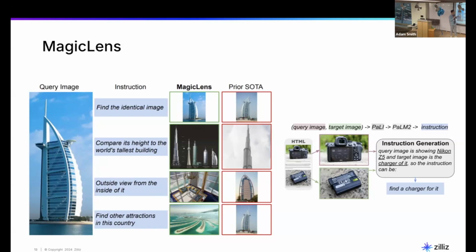And if you say, I want to see the inside of it, or looking from the inside of this thing, which is a kind of bizarre query, this model is really fantastic in terms of understanding the intention behind the query, so it can actually return this one, which is looking outside from this building. Rather than the previous approaches, which can just return another photo of this building from the outside. It can also show you where this building is located. I think it's Palm Islands in that country.